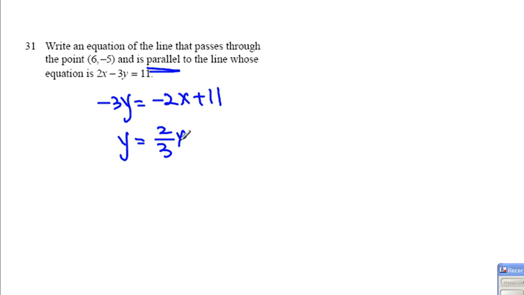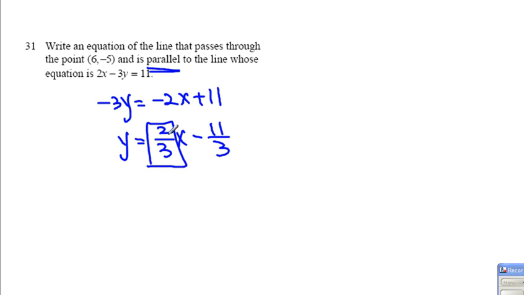So, number 31, we have parallel. Okay, that means we have to have the same slope. So let's try looking into this one. Subtracting 2x, we will have negative 3y equals negative 2x plus 11. Now, by dividing by negative 3, y equals negative negative becomes positive 2/3 x minus 11 over 3.